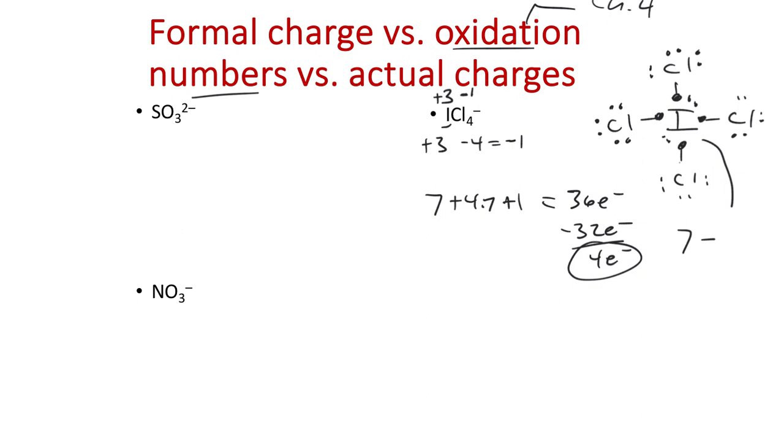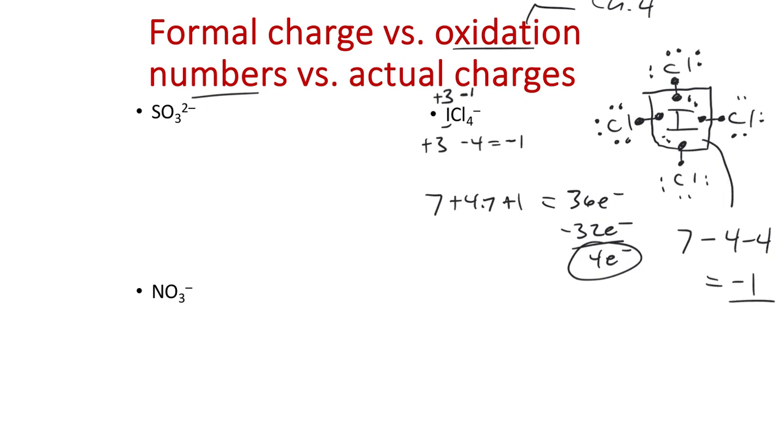So we break the bonds in half. If I imagine breaking the bonds in half or drawing a box around iodine, I keep the non-bonding pairs on iodine, and I keep half the bonding pairs on iodine. So I'm going to subtract the 4 non-bonding electrons and then the 4 bonding electrons, so that's -1.